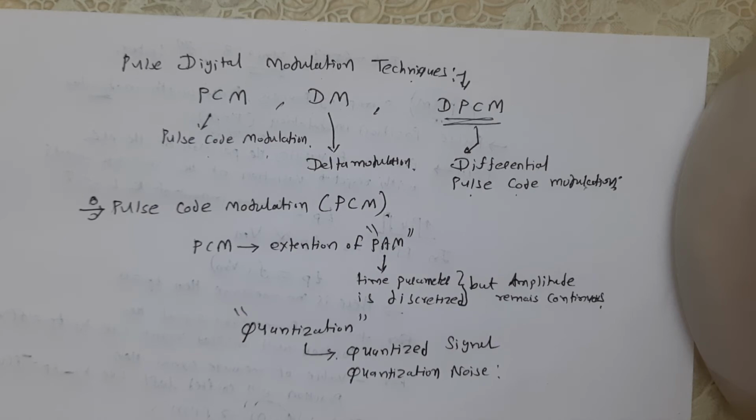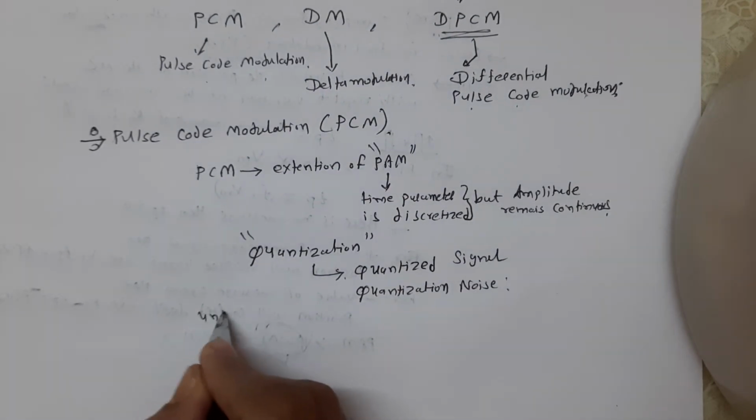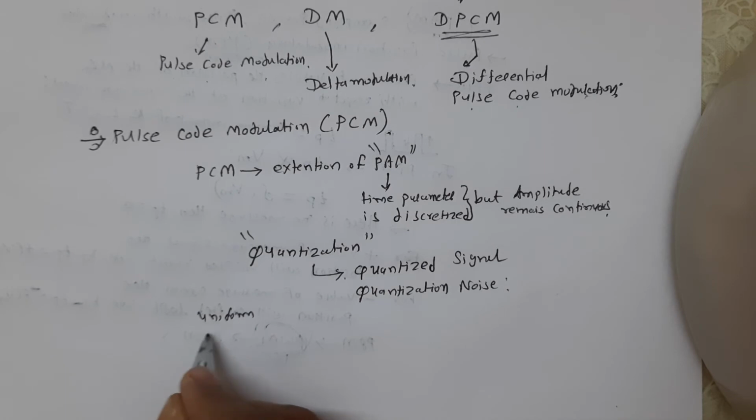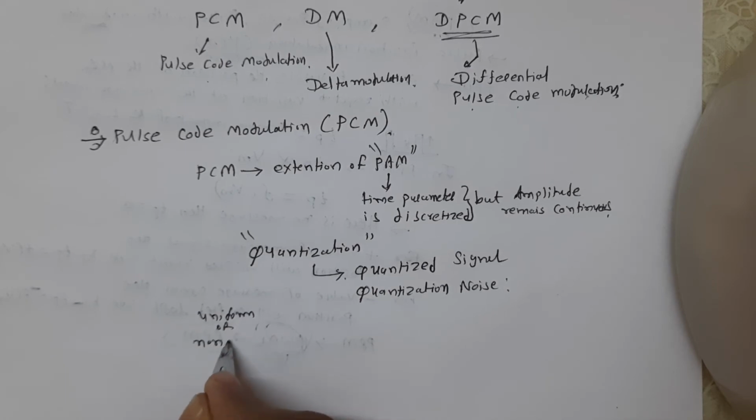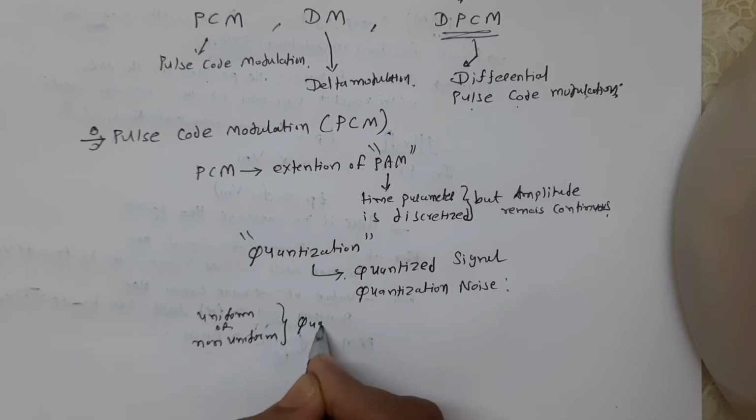If there is a uniform range, it is known as uniform quantization. If the intervals are non-uniform, it is known as non-uniform quantization. PCM is also named after the same, as uniform or non-uniform PCM.